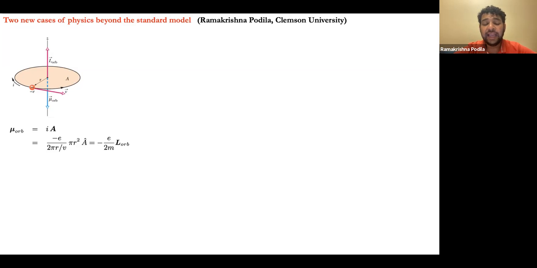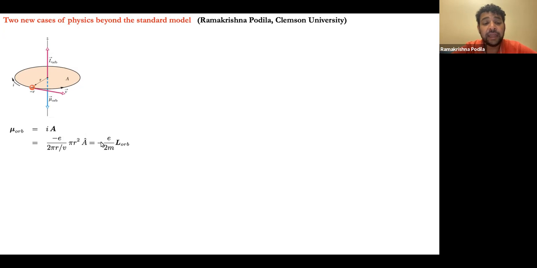So by extending this, if we consider the spin of an electron on par with orbital angular momentum, which we will discuss later whether it is apt or not, then it is seen that the factor you get here, e by 2m, is not the same as for orbital angular momentum, but it is twice as much.